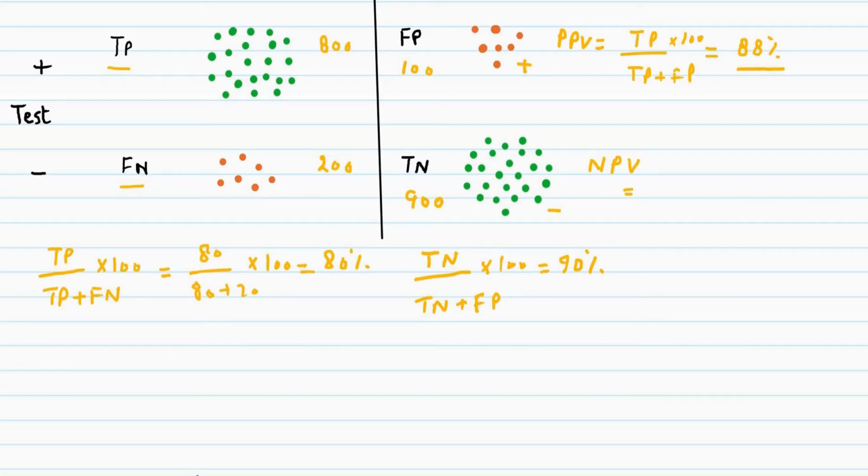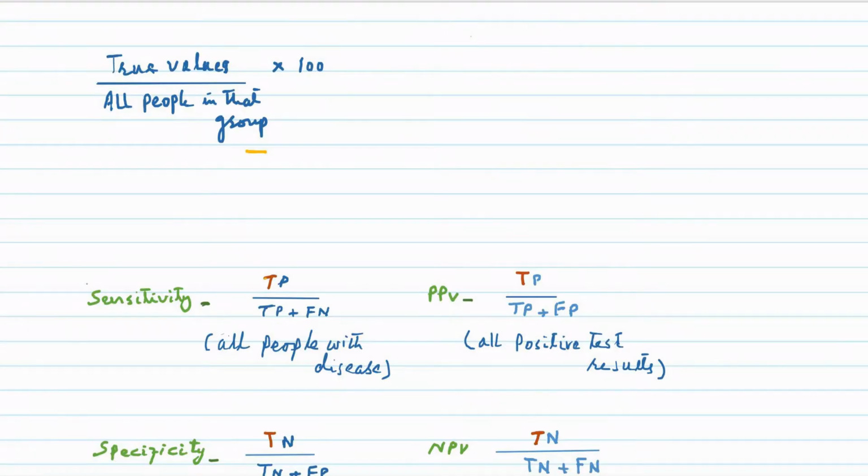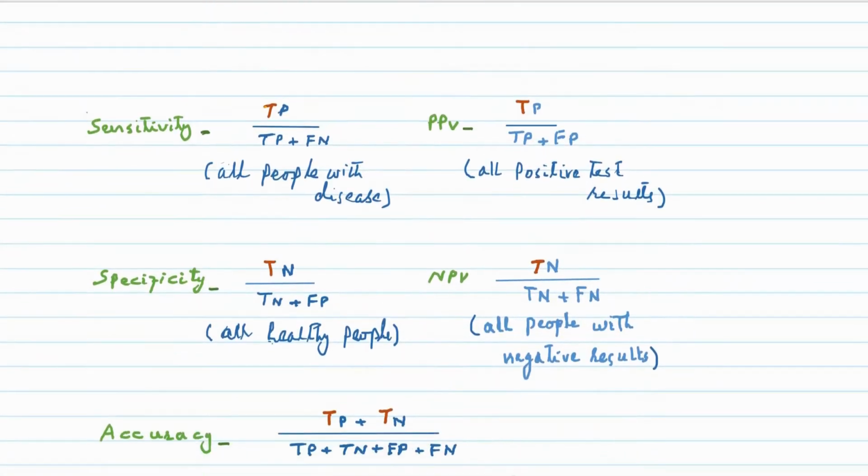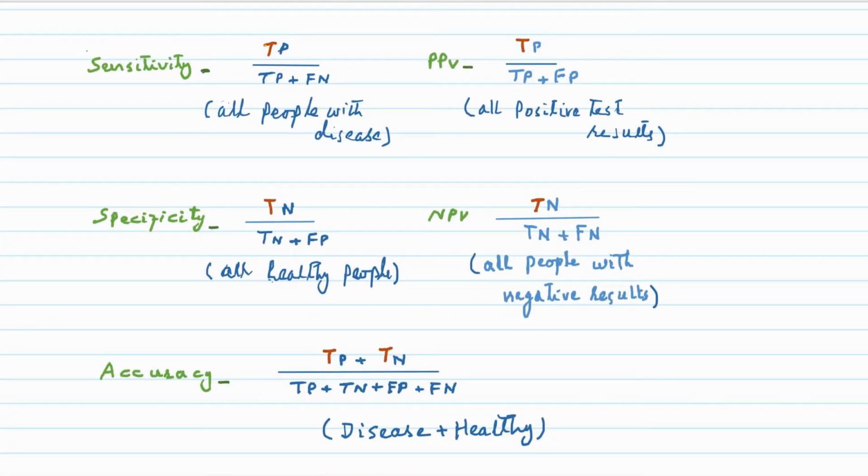The formula is similar: true negative results divided by all people with negative results, true negative plus false negative, and this turns out to be 81%. So if the test result is negative, it means 81% chance of the person being healthy and the result being true negative. As we have seen, all these test characteristics have the same overall general formula, and that's true results divided by all people in that group.